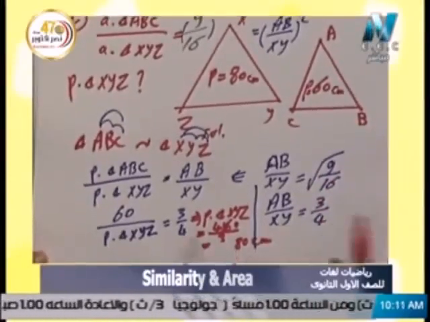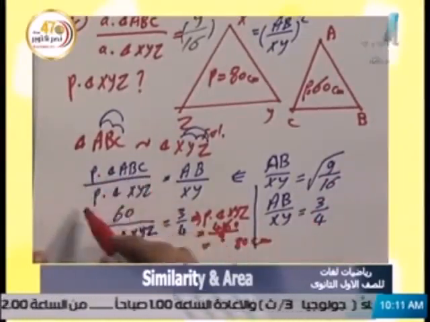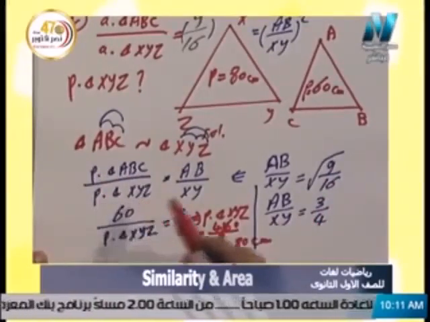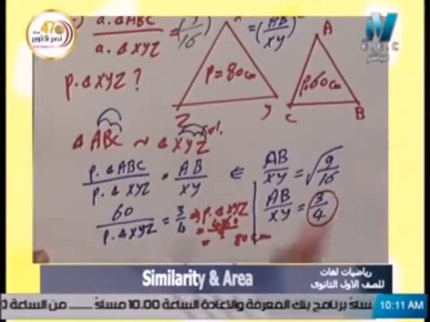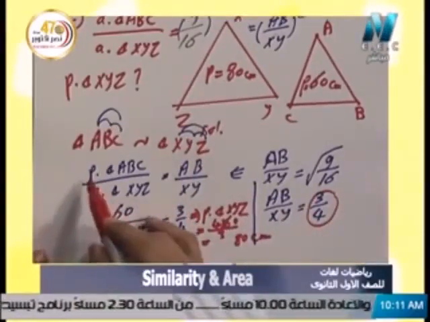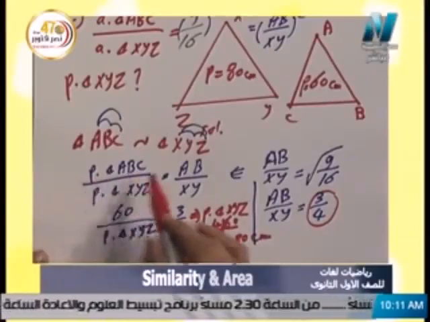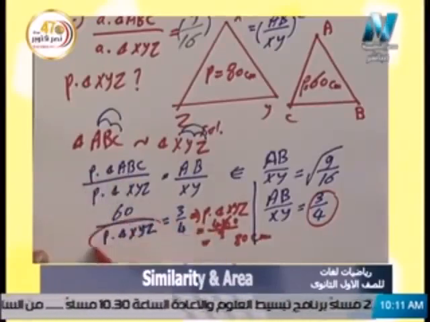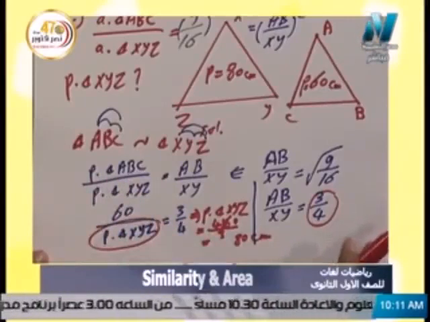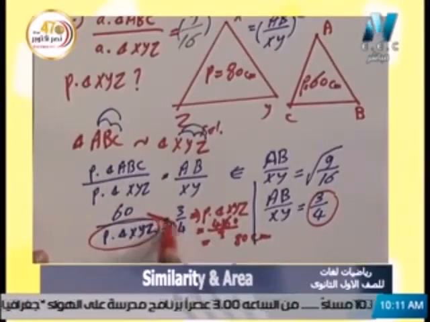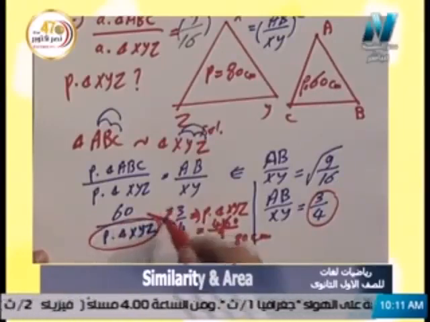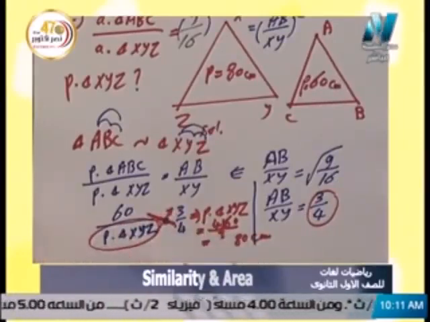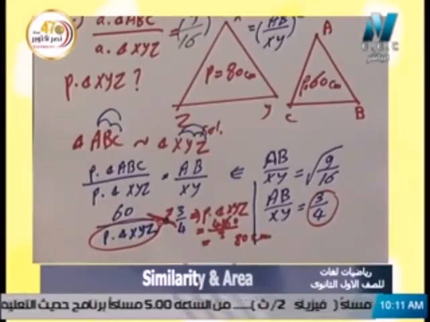So the perimeter of triangle ABC over the perimeter of triangle XYZ equals AB over XY, which is 3 over 4. And the given is that the perimeter of triangle ABC equals 60. So we can get the perimeter of triangle XYZ by cross multiplication. We multiply 4 by 60 divided by 3, as we said in primary 6.